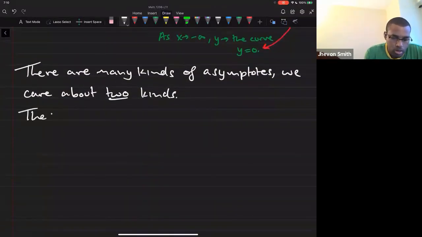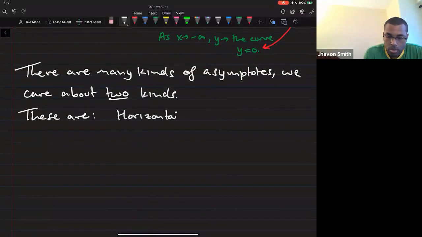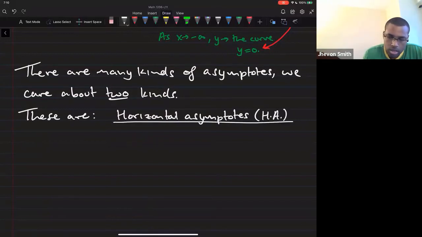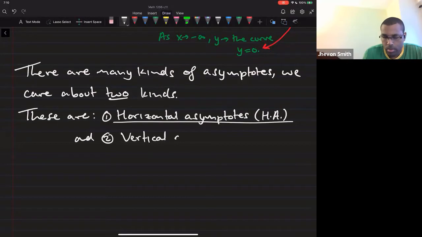These are horizontal asymptotes, which are referred to as HAs, and vertical asymptotes, which are referred to as VAs.